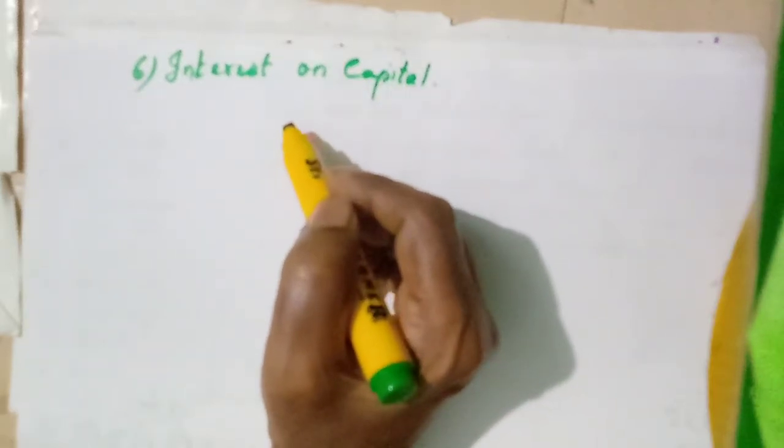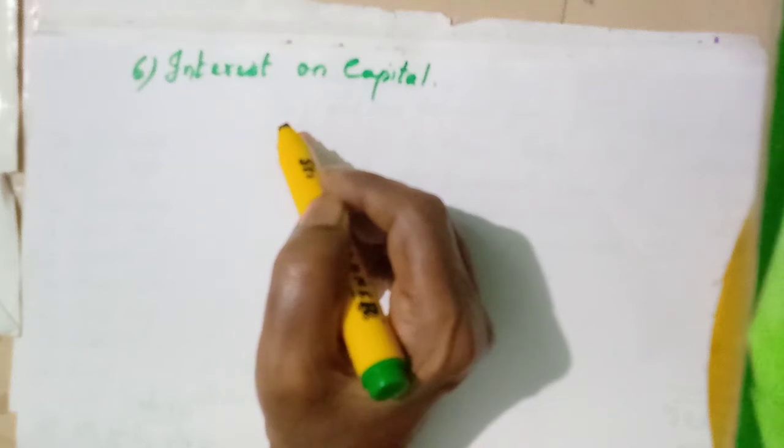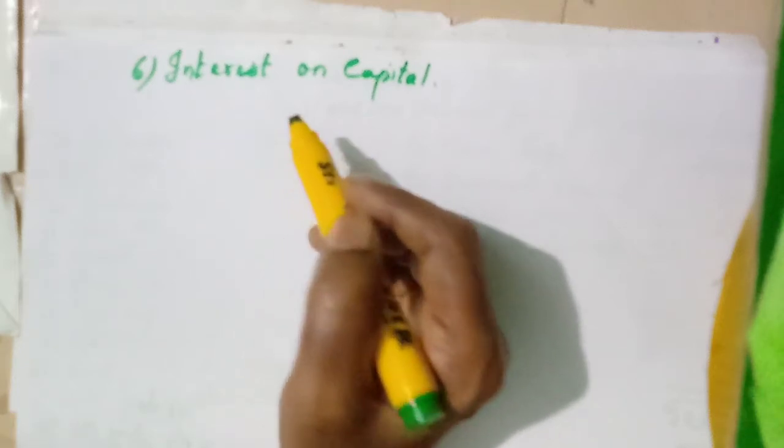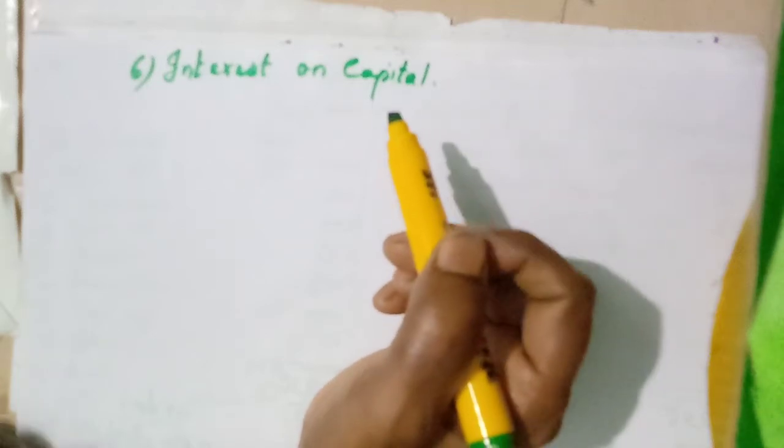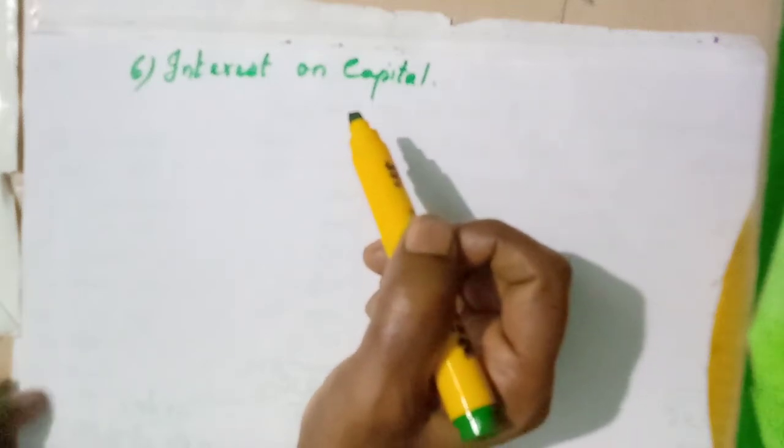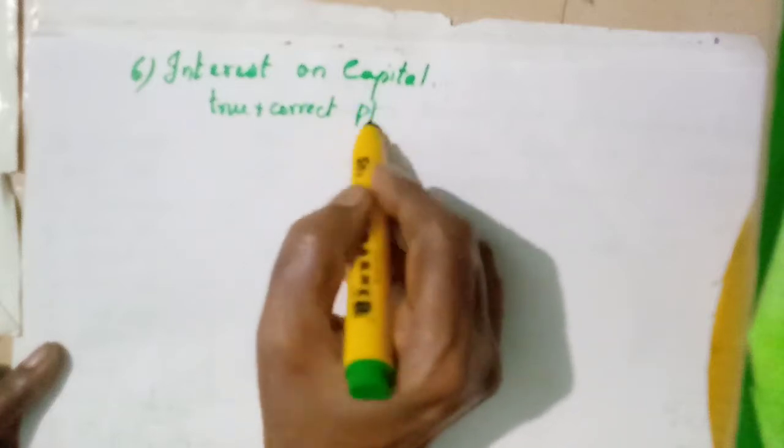What is interest on capital? The capital is the amount which is contributed by the owner or the proprietor in the business to run the business, isn't it? So here we prepare the final accounts to know the true and correct profit, accurate profit of the business, isn't it?